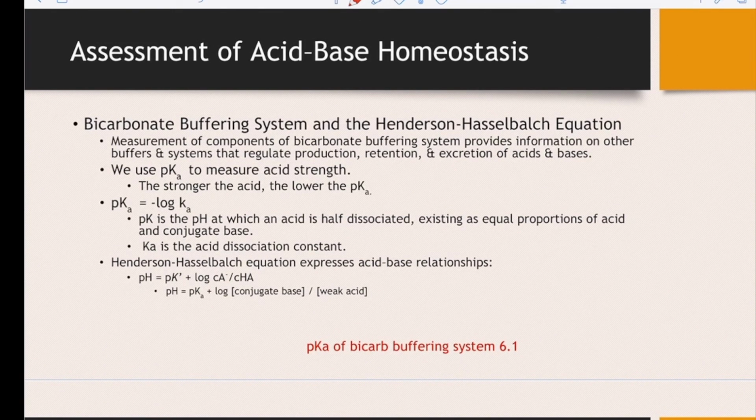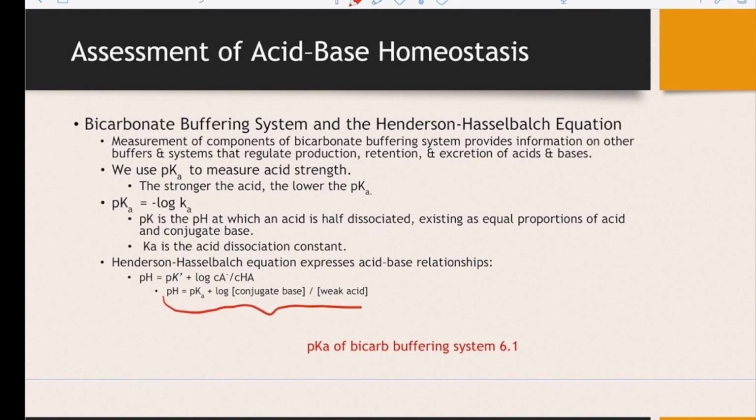Okay, so we had talked about earlier in the objectives the Henderson-Hasselbalch equation and how we can use that in order to assess a particular buffering system. So this is the Henderson-Hasselbalch equation.